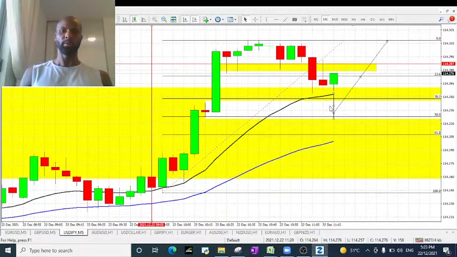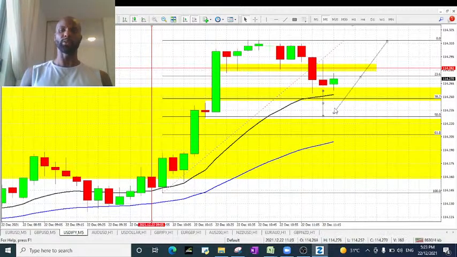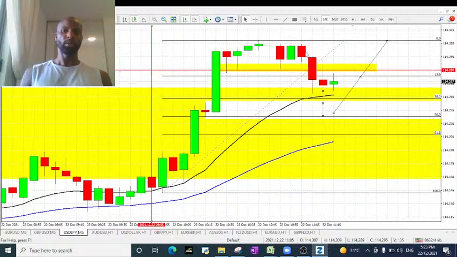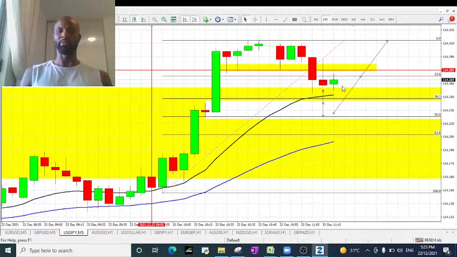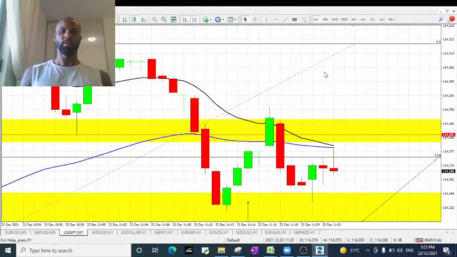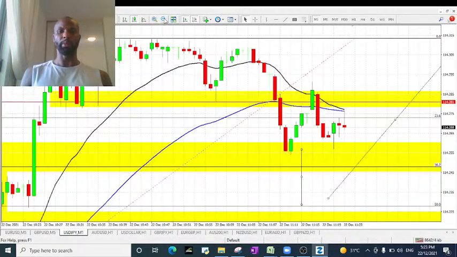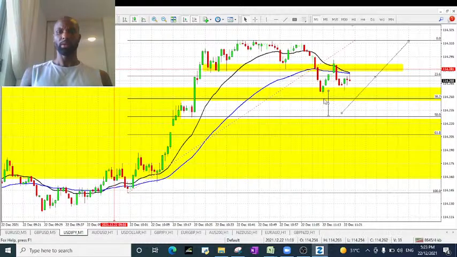I was hoping for price to get down here, but it looks like people who are selling have run out of steam. If you look at the 1 minute chart, had a push, came up, had a push, started seeing small candles.